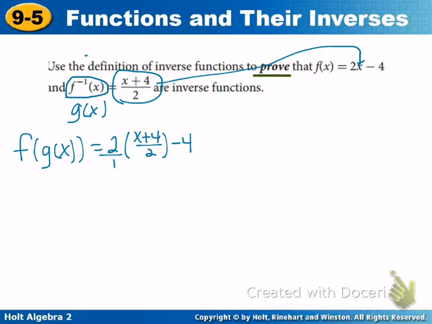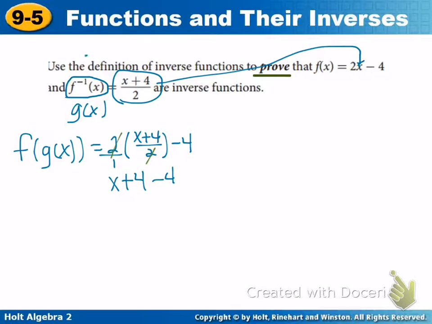What can I do? Do you see something we can do? Cancel out the denominator. Yeah, that denominator of 2 and the other 2 will cancel each other out. Very good, thank you. So what would that leave us with then? That would leave us with x plus 4 and then minus 4. Now what can we do?